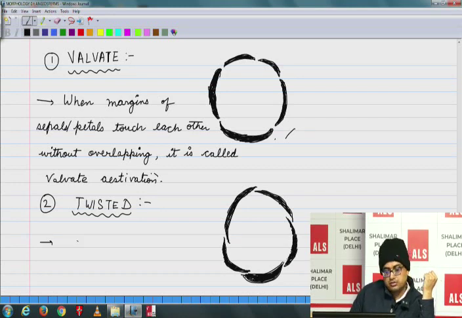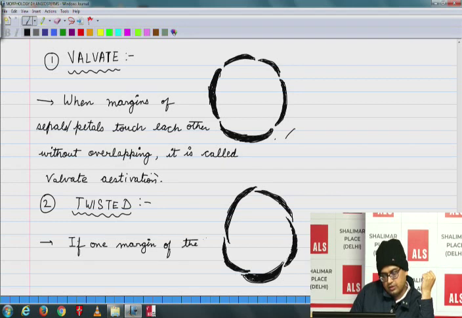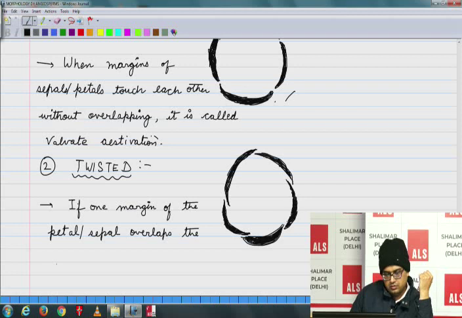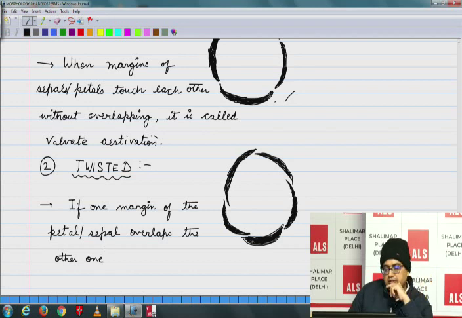If one margin of the petal or sepal overlaps the other one, and the arrangement is like this, that the overlapping is on both sides.